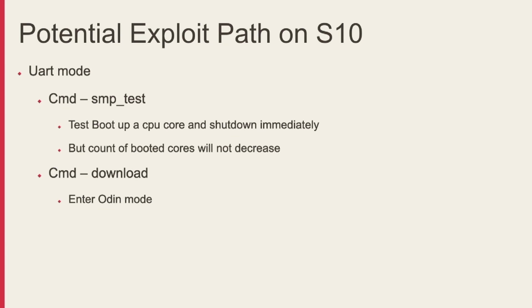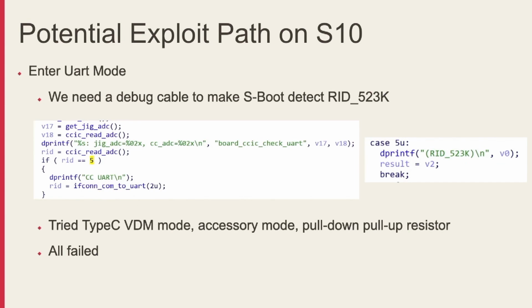We can keep increasing the count of booted cores until it exceeds the limit. And the UART mode has another command, download, that can enter into ODIN mode. So, if we can enter UART mode, we can exploit S10 with the vulnerability.